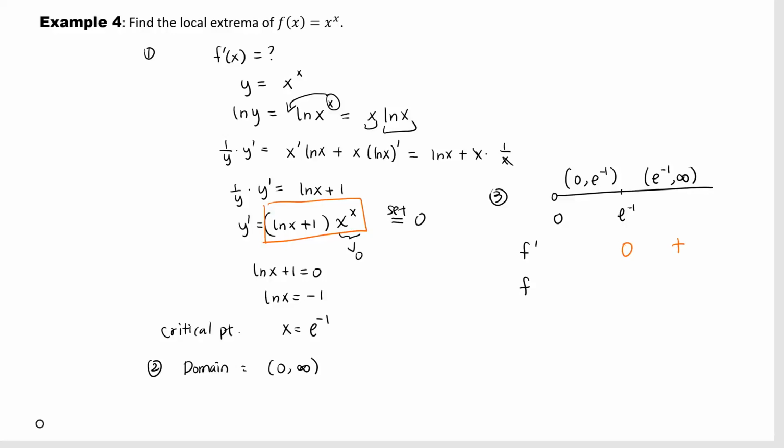It's hard to know which number is in here, but you can think about a number that is close to 0, a number that is so close to 0 and is positive. And you know what ln x looks like. When x is getting close to 0, it goes to minus infinity. So ln x is a very negative number, okay? And when you add 1, it's still negative.